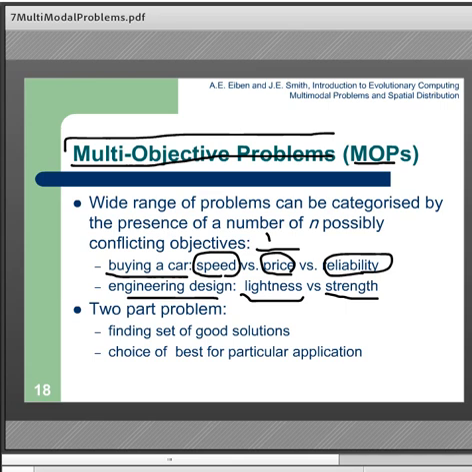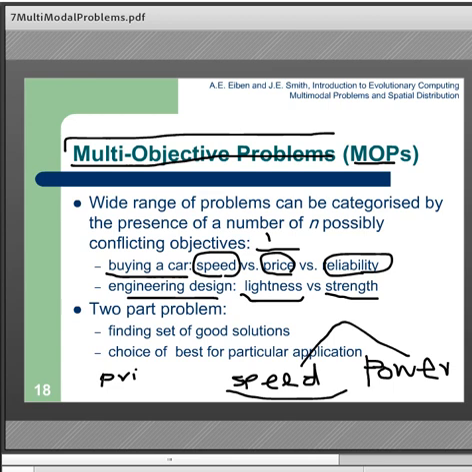For example, if you want to use speed and power of a car, most of these fitnesses are the same, because a more powerful car can go with more speed.